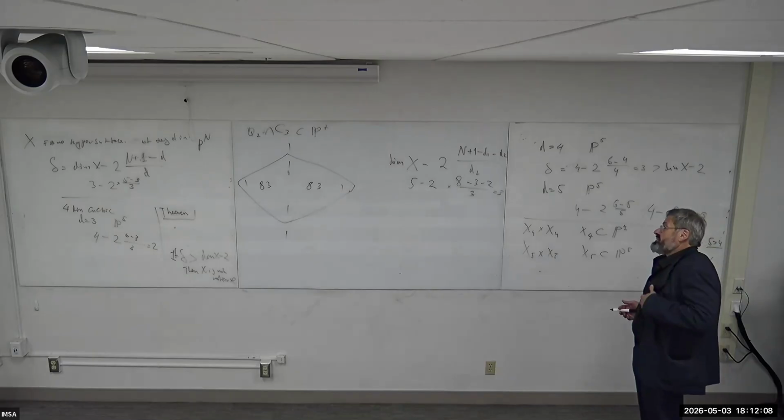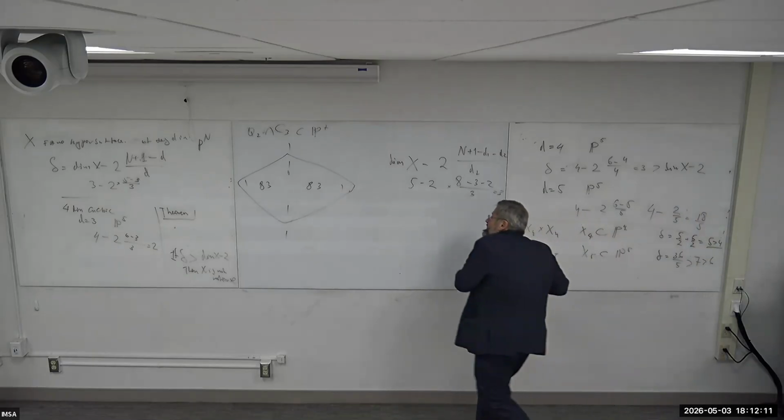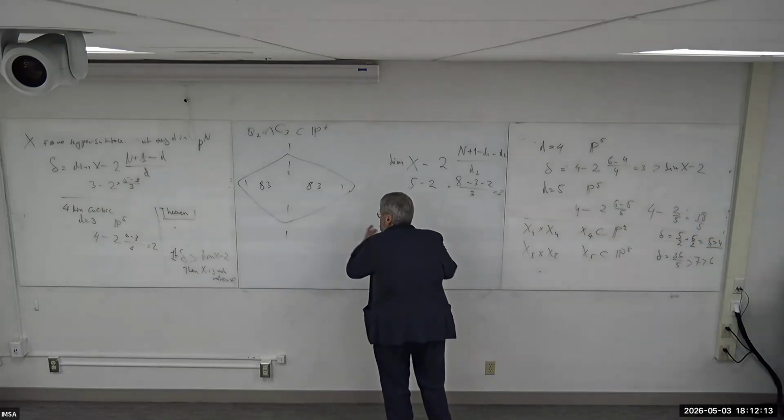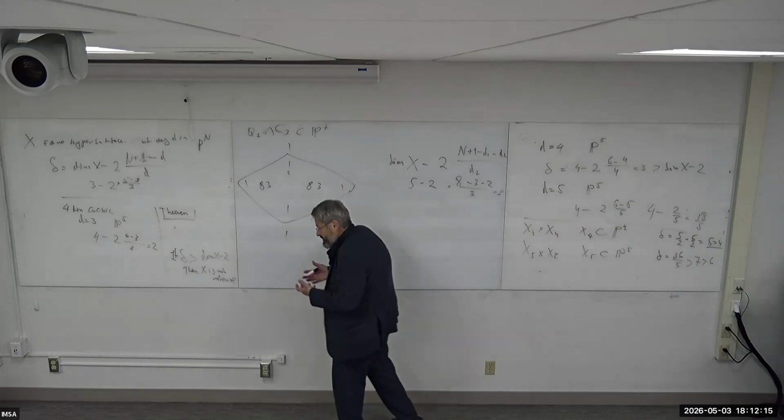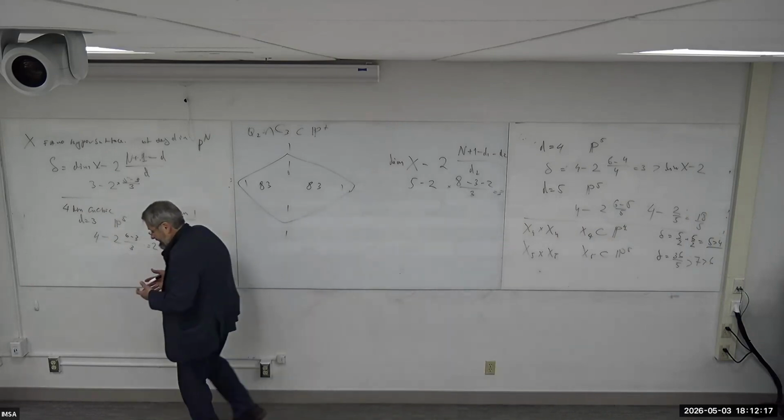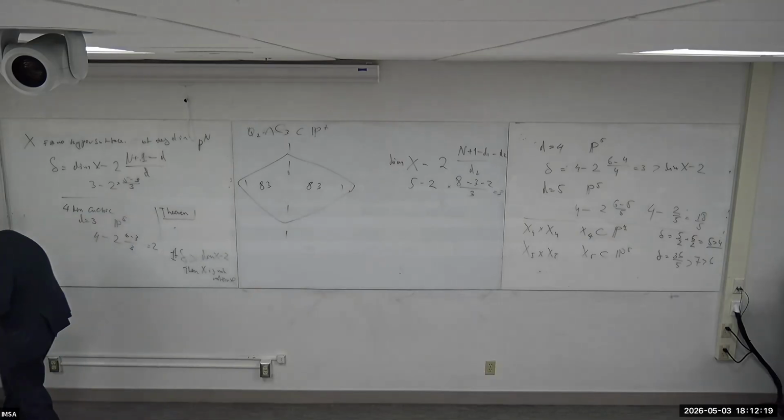But let's argue as follows. Assume that we brought this from infinity. So therefore, it corresponds to an algebraic variety.